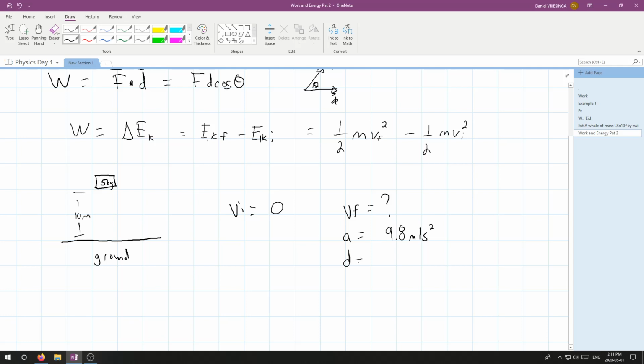And we're going to move down delta D, I'll put a delta in there. We're going to move down 10 meters, so I'll keep that as positive as well. There's my axis, in whatever direction. I'll just say it's the y direction. So there's 10 meters there.